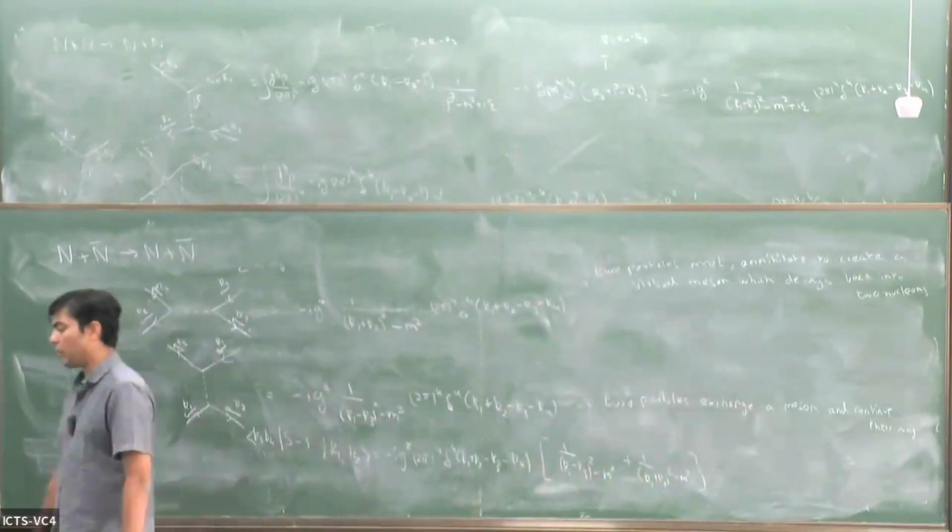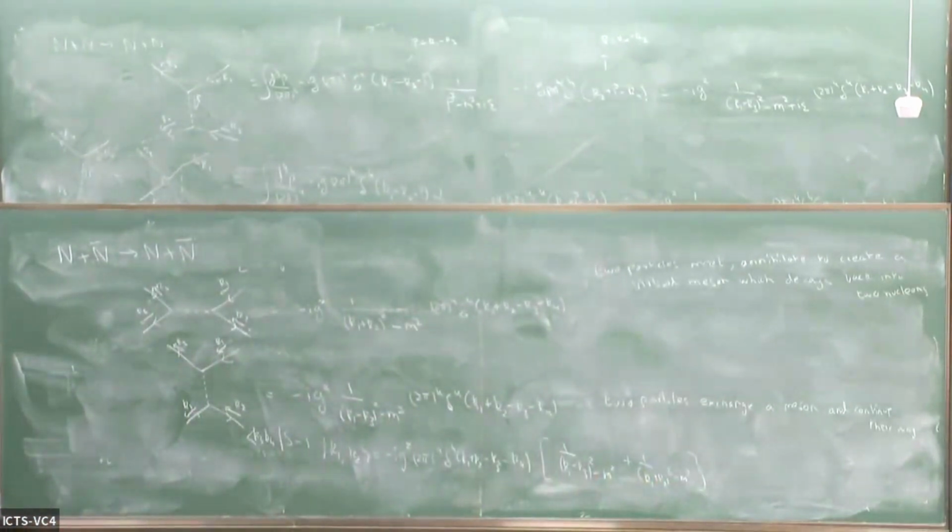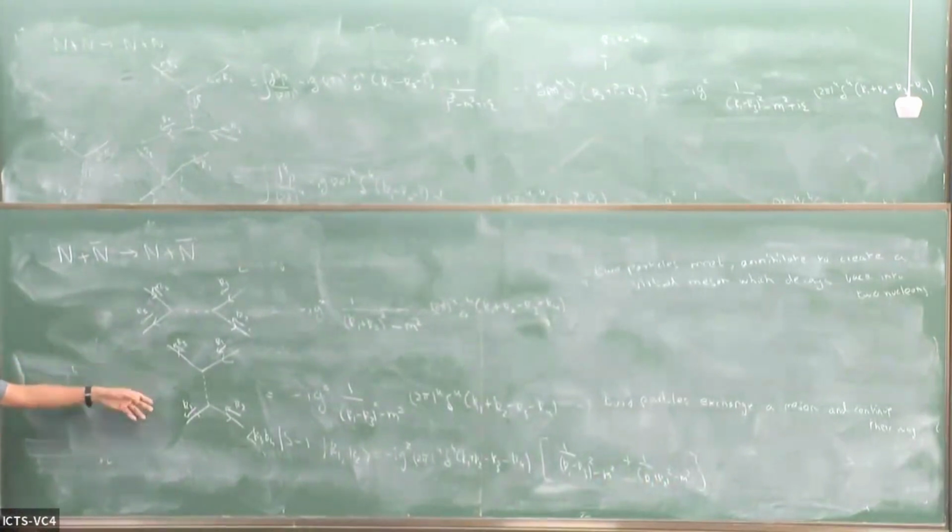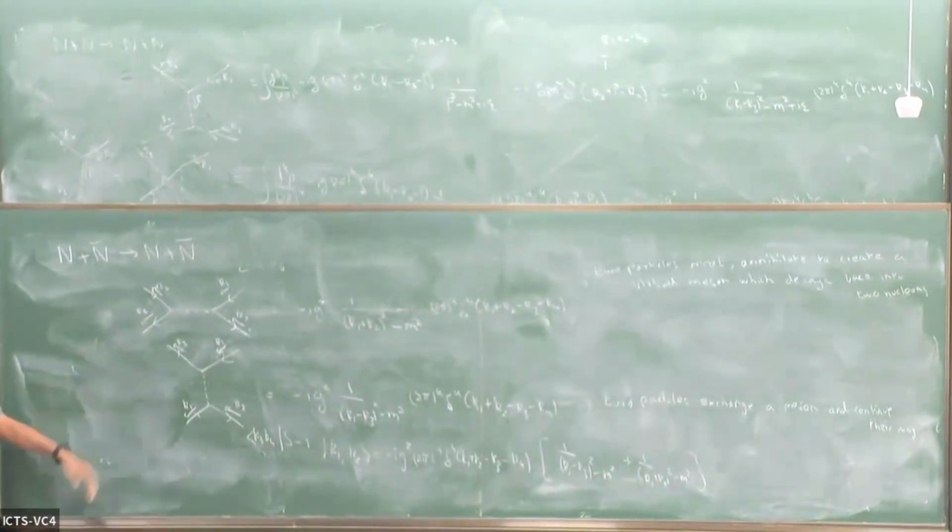The final answer is you sum all of these processes. This is what quantum mechanics tells you to do. You have to sum over all possible intermediate processes that can happen. So you sum over this and you sum over this. They look like they're different, but you have to sum over them. Okay, is this also clear to everyone? Okay, very good.